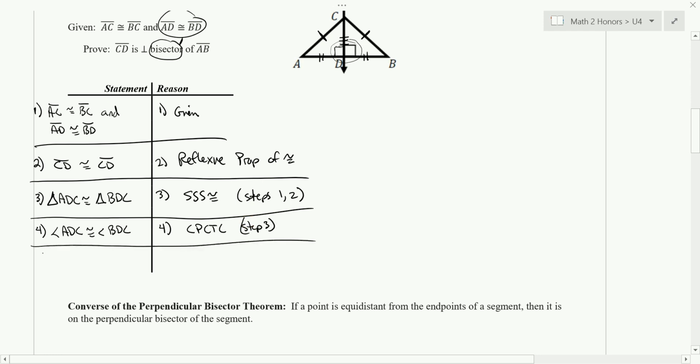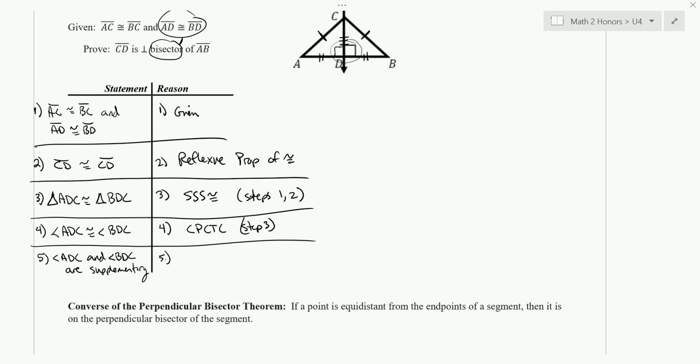And then what Ty was saying is that angle ADC and angle BDC are supplementary. Can you explain why, Ty? Okay, good. Do you remember the reason we haven't used this one a lot, but we did use it when we did a proof tip with perpendicular?